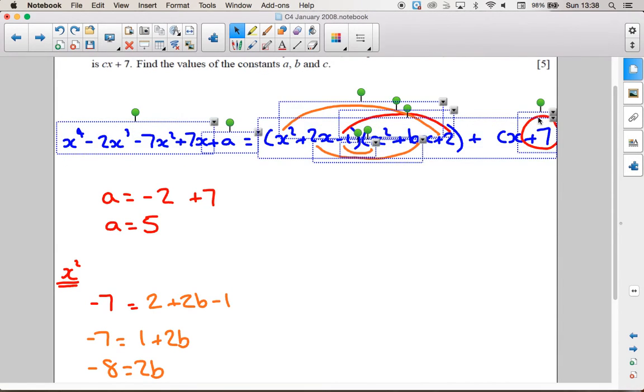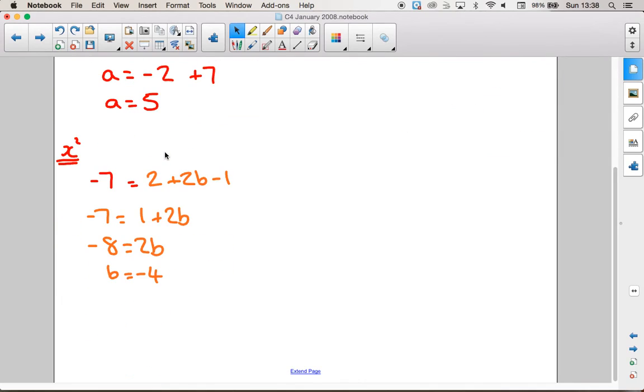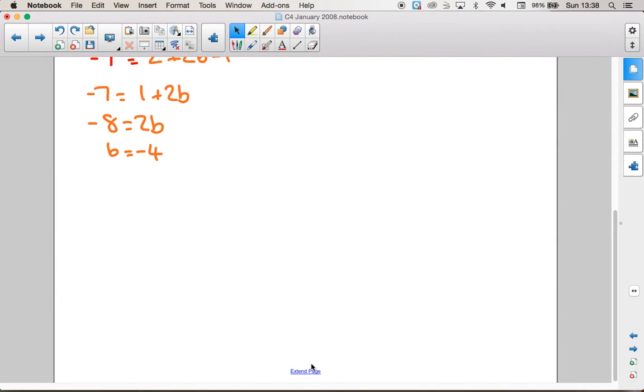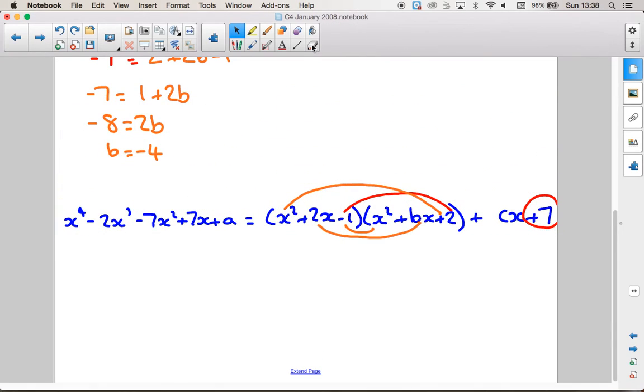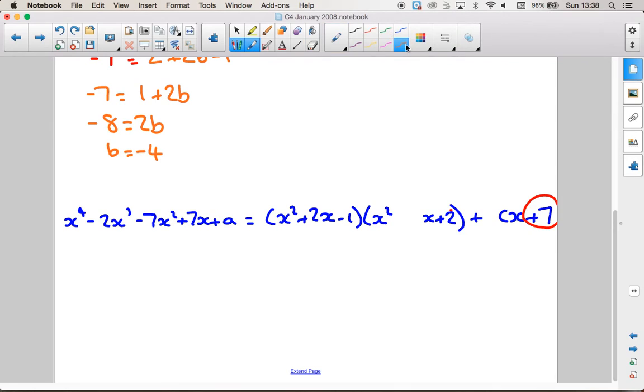So what I can then do is at this point I'm going to now just change the b into that minus 4 that we've just found out that it is. So we now know that b is negative 4.